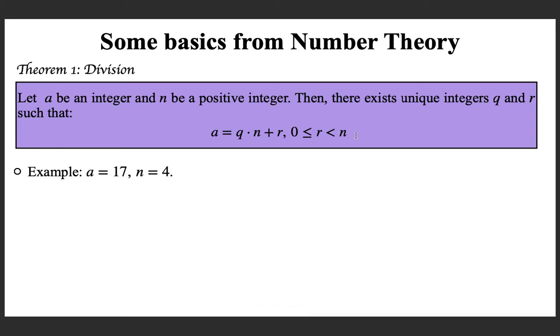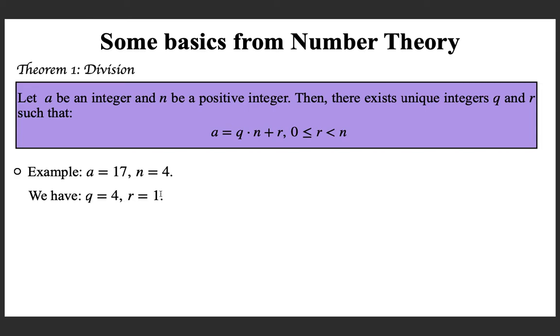Example, consider an integer A, 17. It could be negative, but in this example we are considering a positive number, and n as 4. So you can find a q and r. In this example, you can say that q is equal to 4 and r is equal to 1.